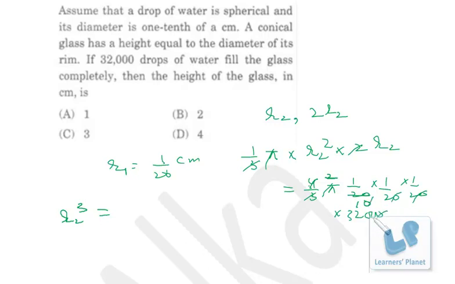So r2 cube is 8, that means r2 is 2. That means the radius of this conical glass is 2, that means height will be 4. Okay, a bit lengthy but not at all difficult, worth solving. It will take a minute to solve, but yes, worth solving.